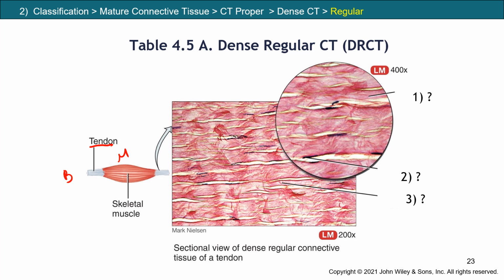The pink areas are the collagen fibers, because this is dense, regular connective tissue, so you have more fibers. The white regions are the ground substance, which is lower, and the purple regions in this staining are the fibroblasts. If you want to see them bigger, you need even higher magnification. And in the 200 magnification, you can see all these collagen fibers running in parallel.